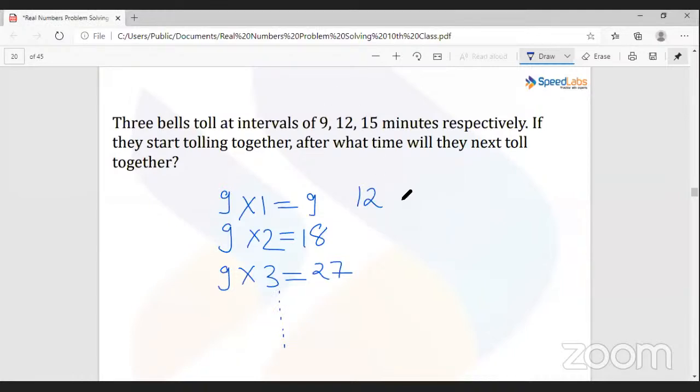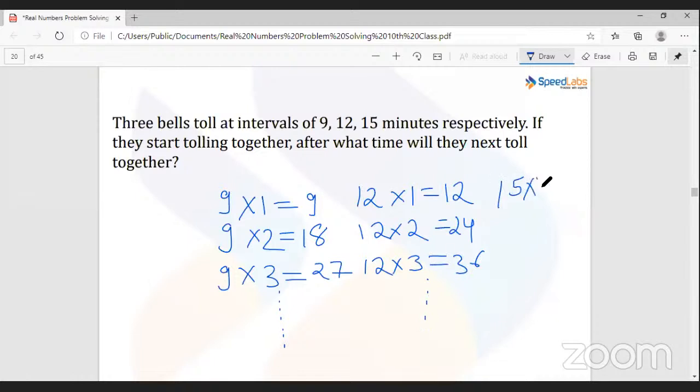For the second bell, it will first toll after 12 minutes, then 24 minutes, and then 36 minutes, and so on. Likewise, for the third bell, it is 15 minutes, 30 minutes, 45 minutes, and so on.